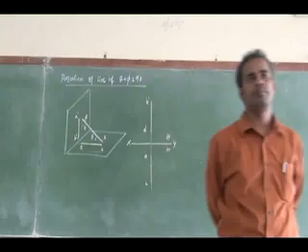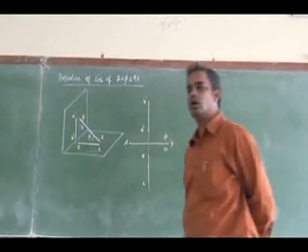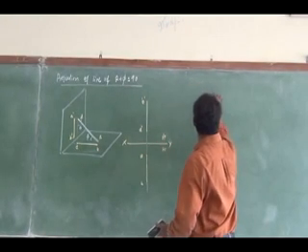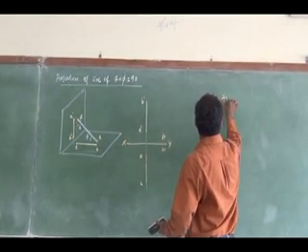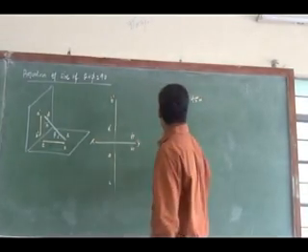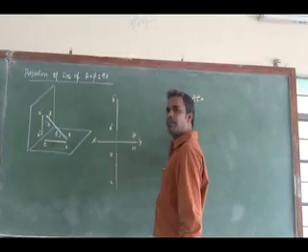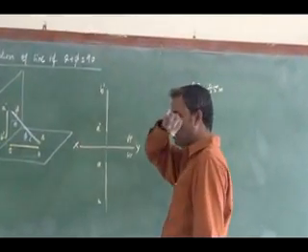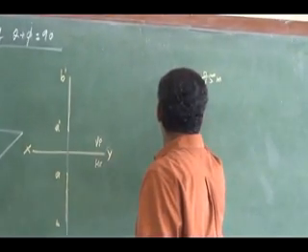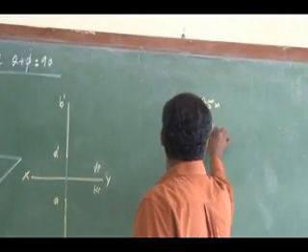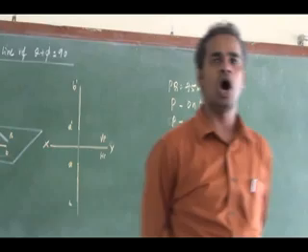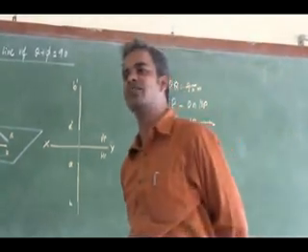Is it clear? Line PQ. A line PQ of 75 mm has its end P on HP and 10 mm in front of VP.